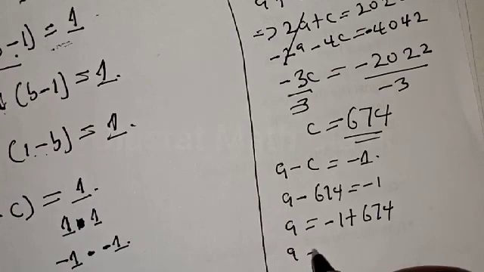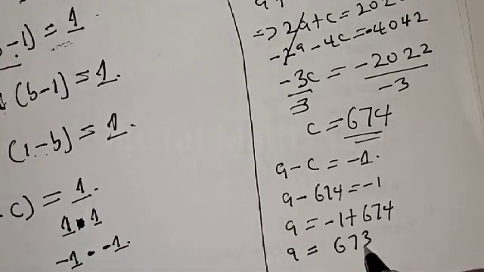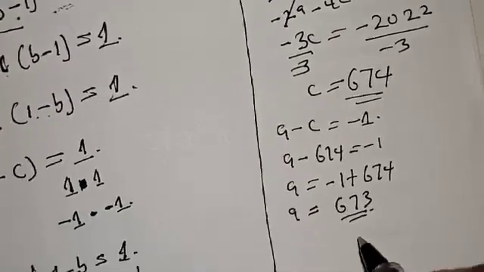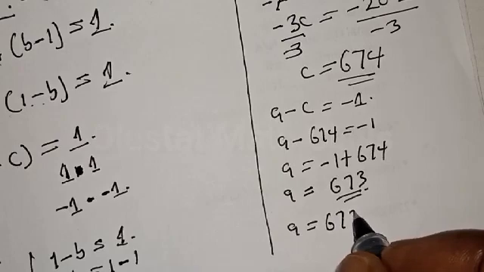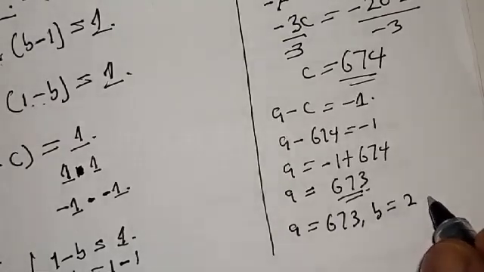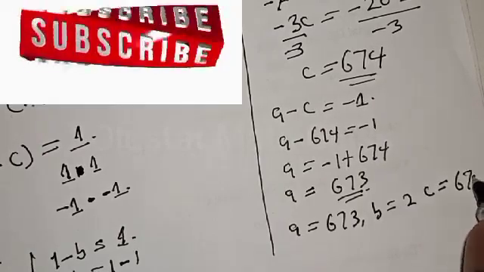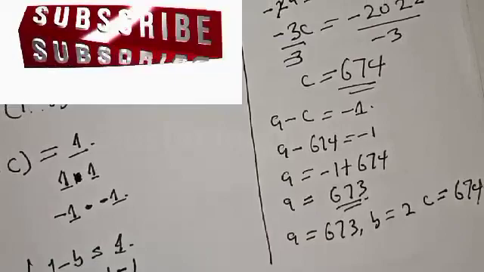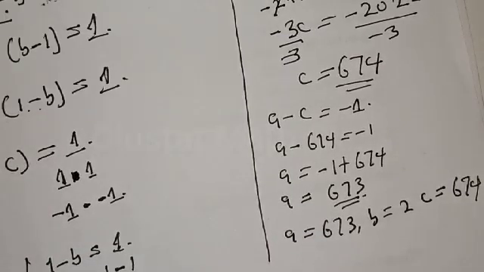Then A will be equal to 673. So therefore, from the second case, we have A to be equal to 673, then B to be equal to 2, and then C to be equal to 674. So those are the integer values of A, B, and C from both the first case and the second case.